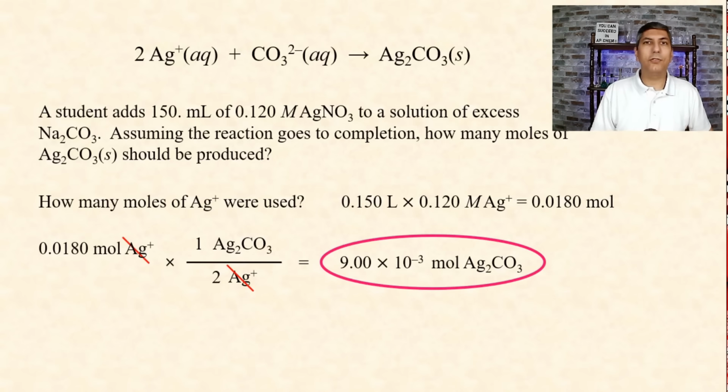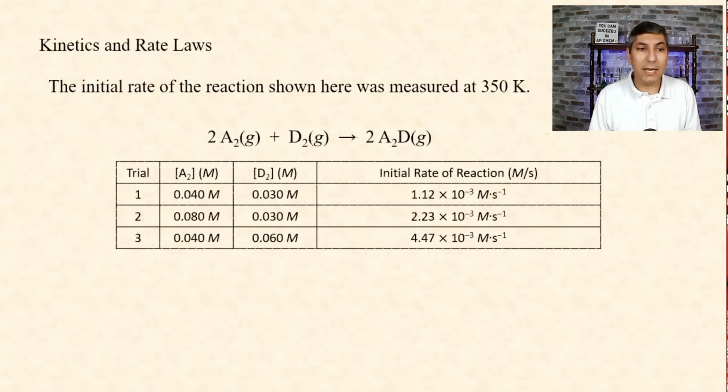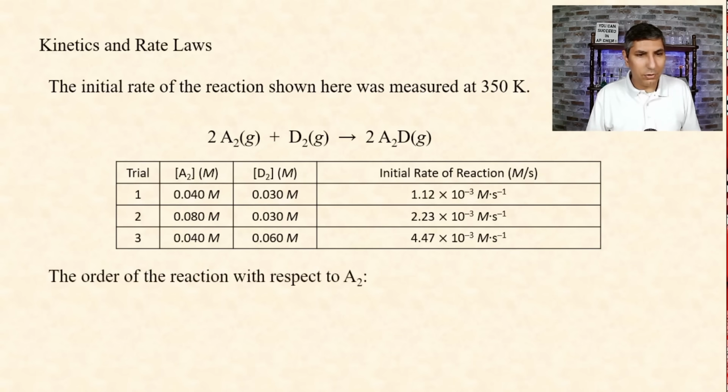Now, as we jump into Unit 5, which is kinetics and rate laws, this is a very typical kinetics problem where you're given an equation and some sort of a table or a chart that looks like this, and you're asked to determine the orders of the reaction with respect to the different reactants.